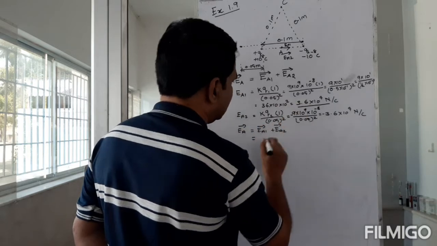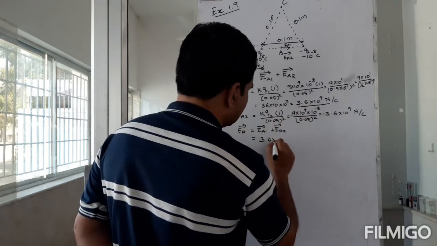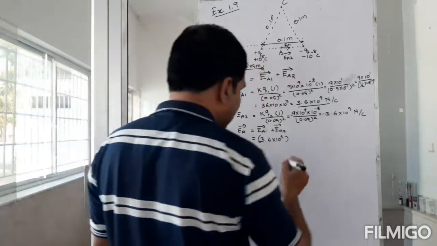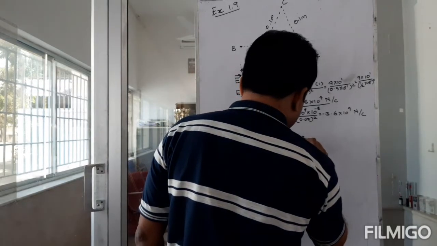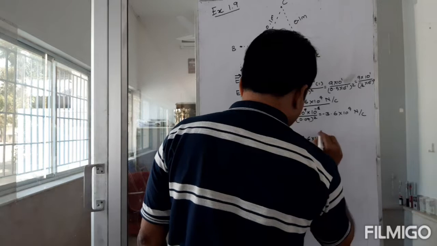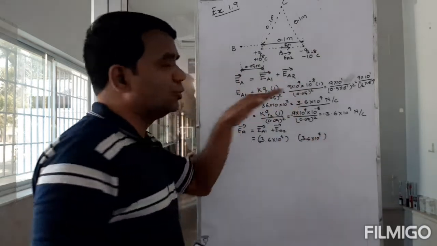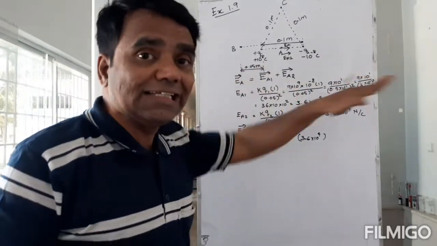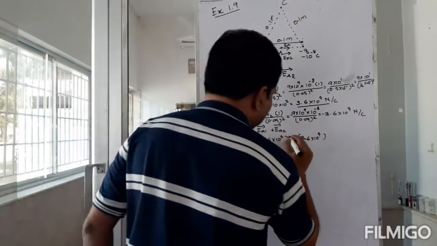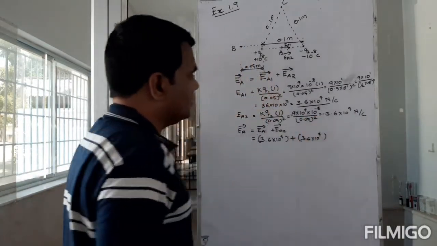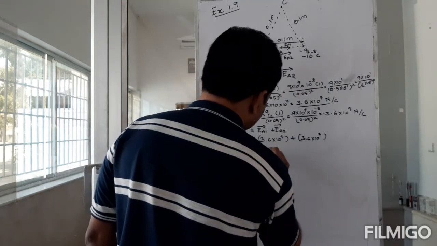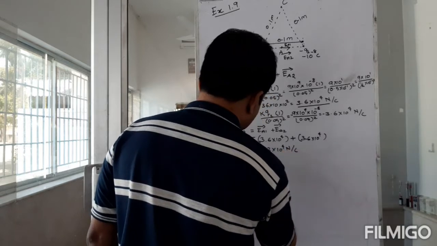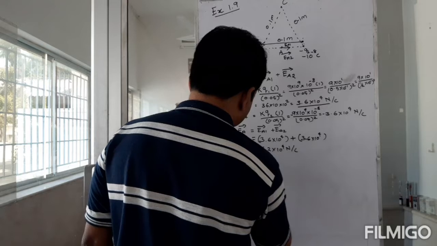So 3.6 into 10 power 4 is the magnitude of EA1, and 3.6 into 10 to the power 4 is also the magnitude of EA2, and they are acting in the same direction. So vectorially when I add, it will give me this. So that is going to be equal to 7.2 into 10 power 4 Newton per coulomb. So that's my EA. That's the electric field.